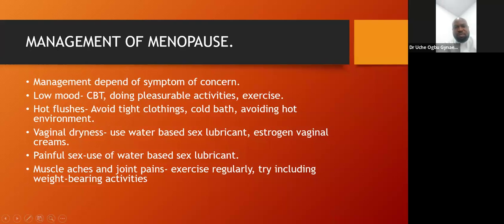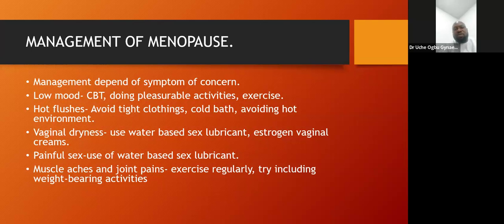So how do we manage menopause? The management depends on the symptom of concern, and I'll just mention some of them. For those having mood swings, especially when severe, you could do cognitive behavioral therapy. It could be a group talking therapy where they join other women experiencing similar symptoms, and someone who understands menopause will explain that it's a result of the changes ongoing in their body that are making them have those mood swings.